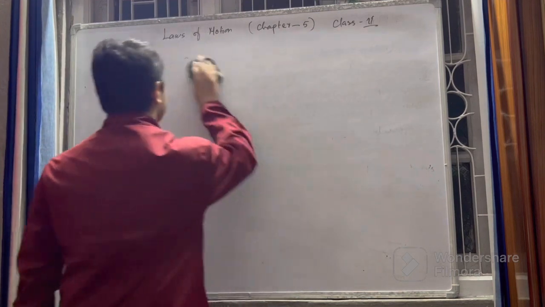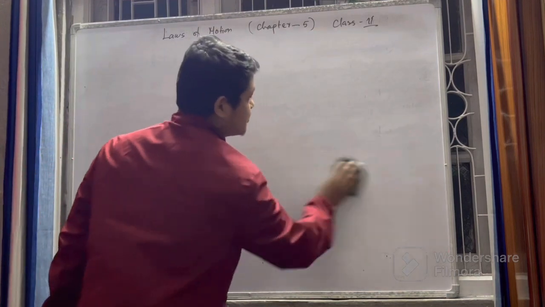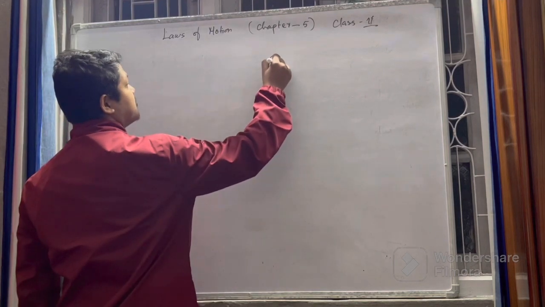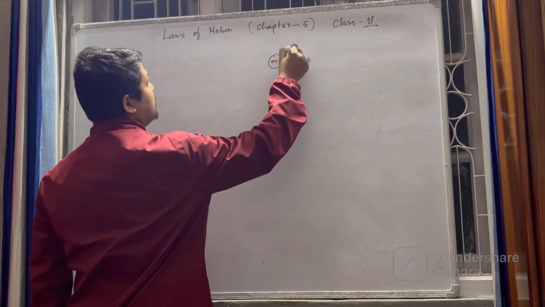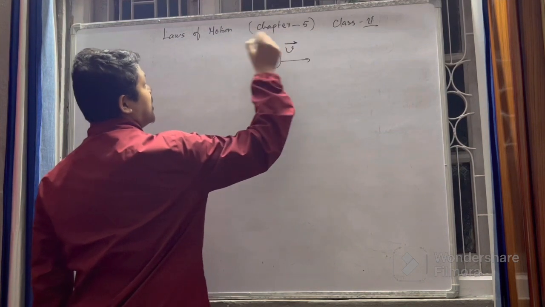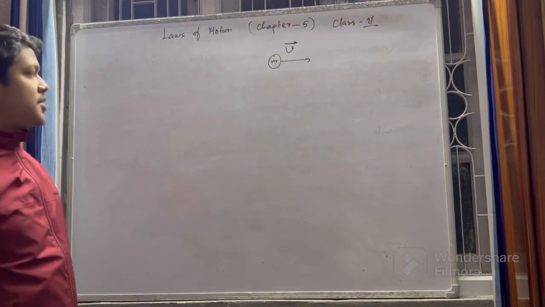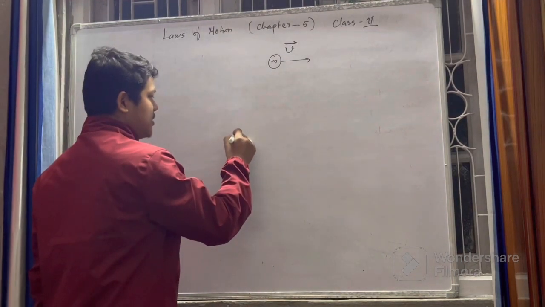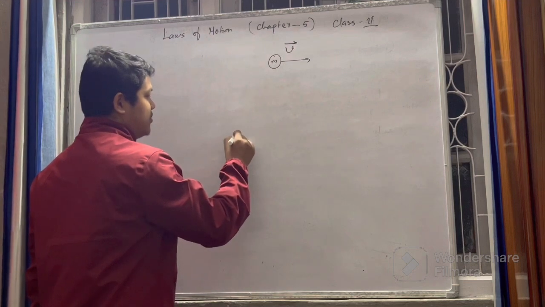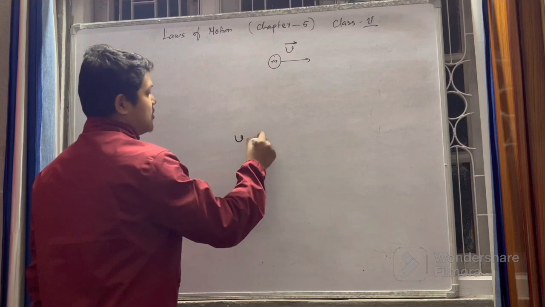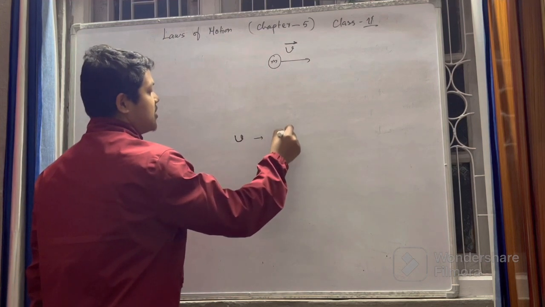Now you see, this is an object of mass m moving with initial velocity u. Velocity is a vector quantity, so let me write an arrow symbol. In your book, if you see a bold letter, that means it is a vector quantity, right?